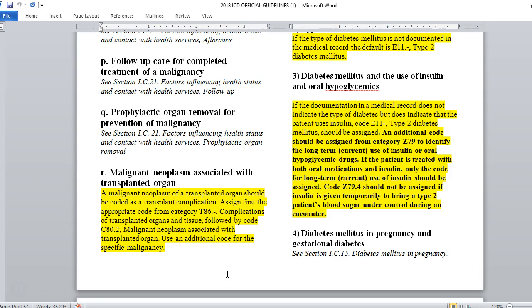So, a couple things that we need to keep in mind about coding for neoplasms. Number one, we need to know their behavior. Okay, are they benign, in situ, malignant, or of uncertain behavior? Okay, then are they primary or are they secondary if they're malignant?